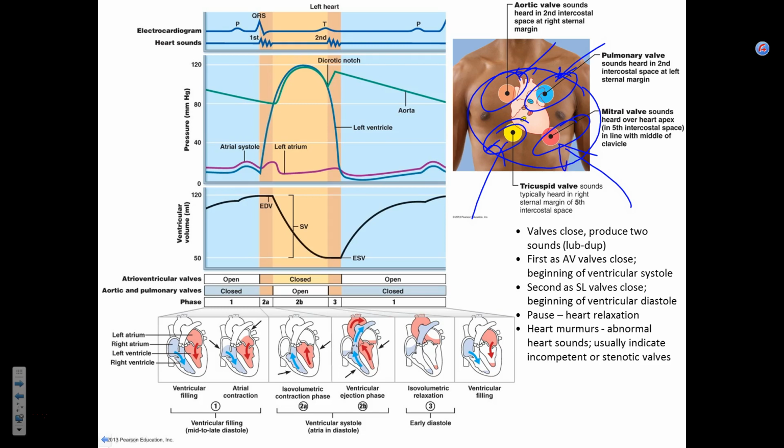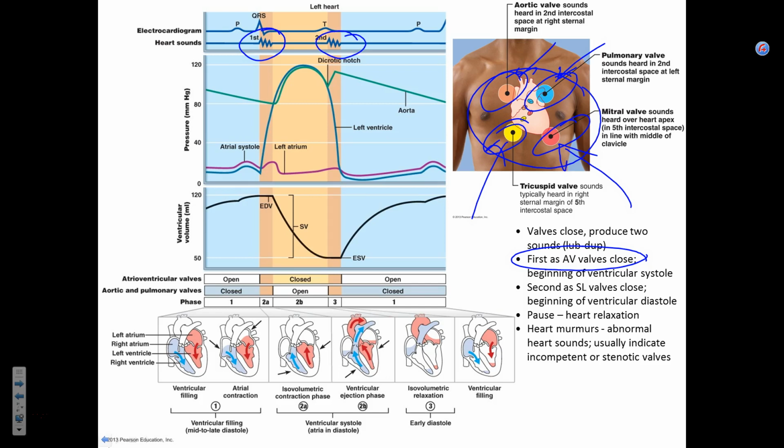Now, the sounds are when valves close, not when they open. So the first sound that you hear is when isovolumetric contraction starts. And the second sound that you hear is when isovolumetric relaxation starts. Okay?